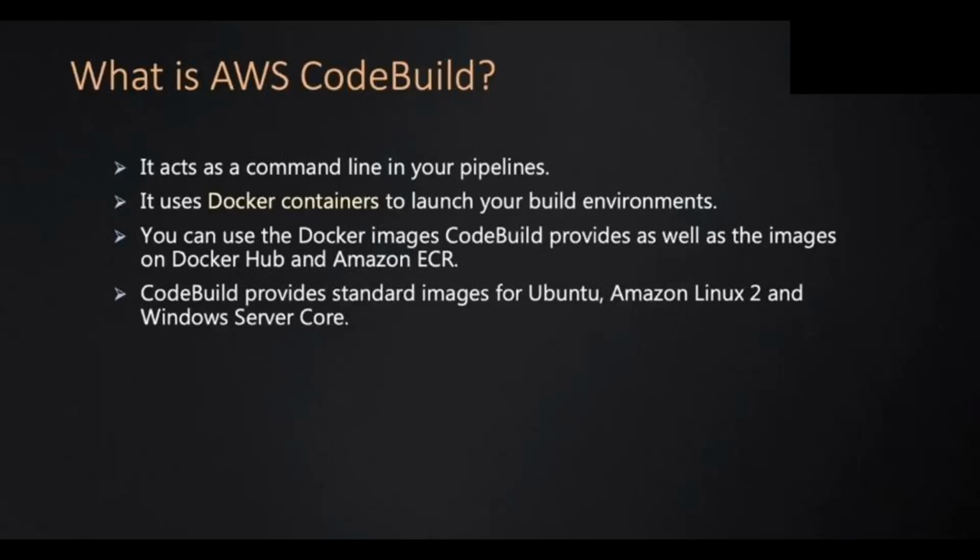Okay, you can use the Docker images CodeBuild provides, as well as the images on Docker Hub and Amazon ECR. Amazon ECR, Elastic Container Registry, is where all the Amazon related Docker containers can be maintained. In an enterprise, a lot of applications are being built, and there are a lot of dependencies.